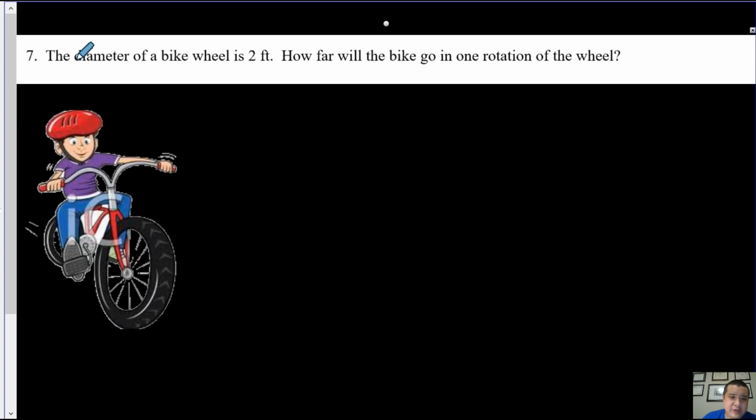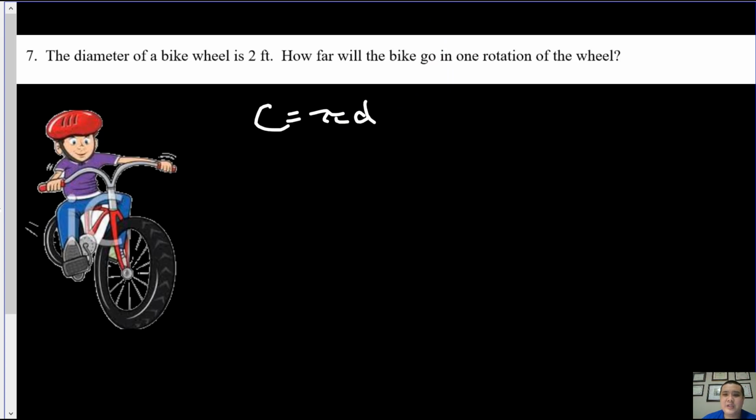Then this question says the diameter of a bike is 2 feet. How far will the bike go in one rotation of the wheel? So every time you rotate the wheel, it always goes the same distance as the circumference of a wheel. Okay, so this is a circumference question. So circumference equals pi times diameter. Cherry pie delicious.